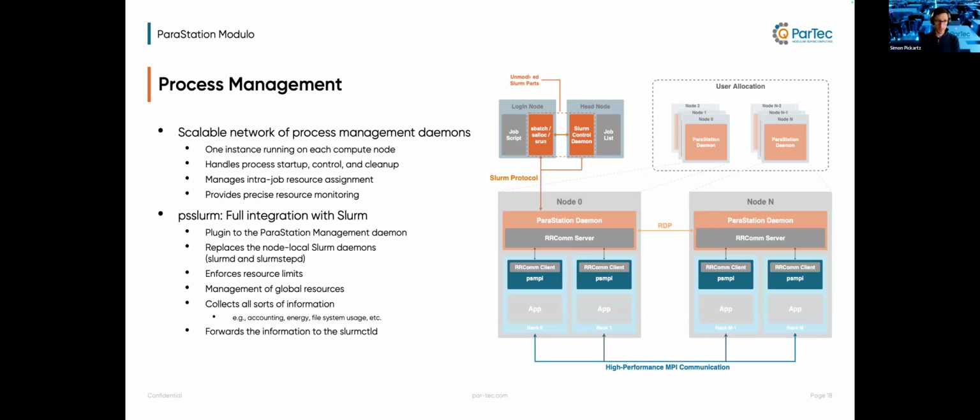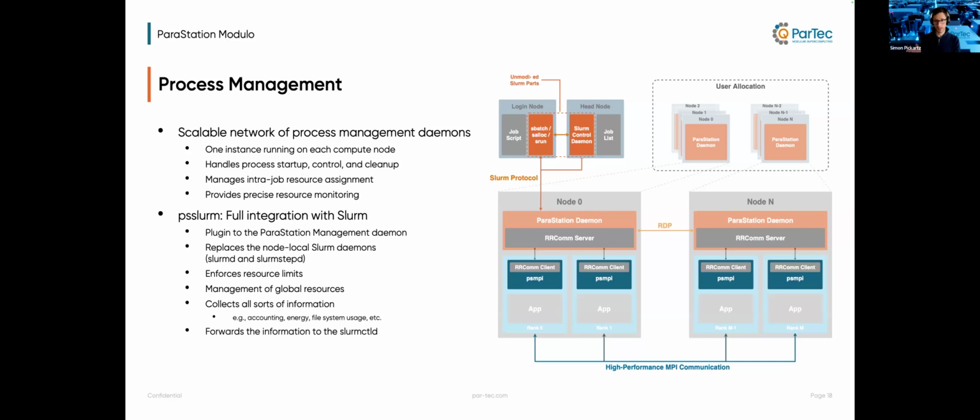First of all, the process and resource management. What we do with the so-called ParaStation management daemons is that we deploy one daemon per computing node and fully replace the management daemons provided by the scheduling solution, which is currently mostly Slurm in our setups.